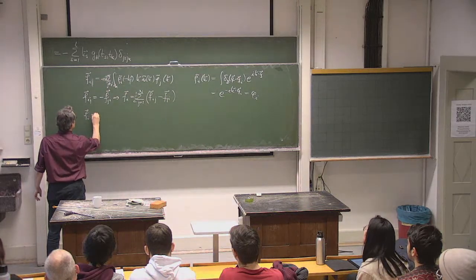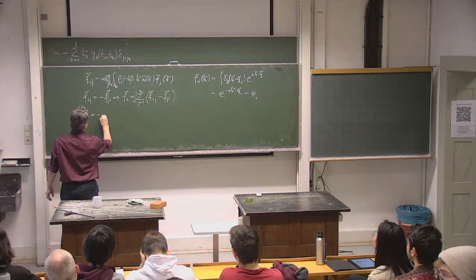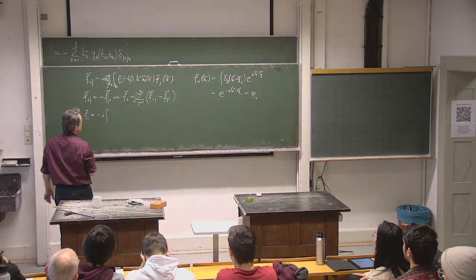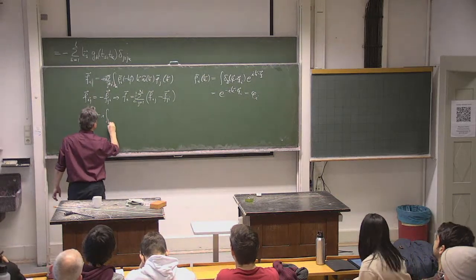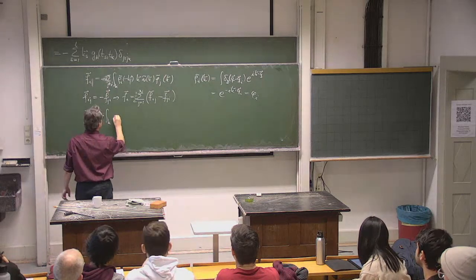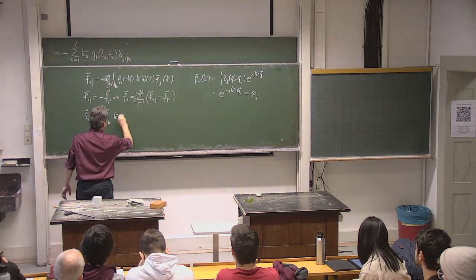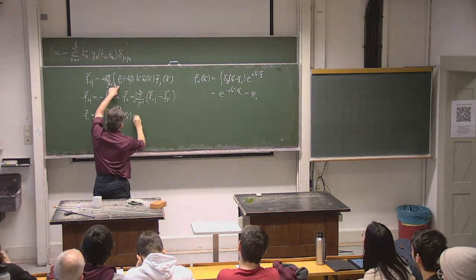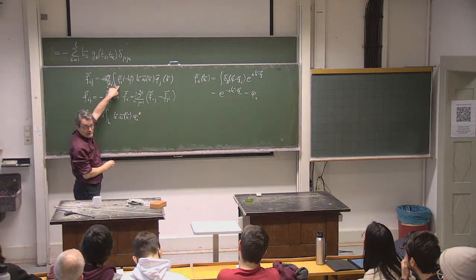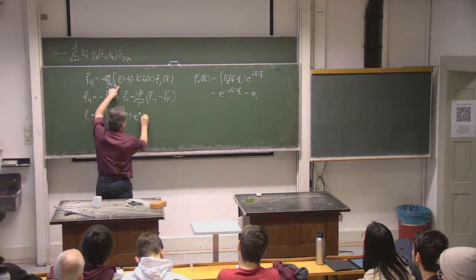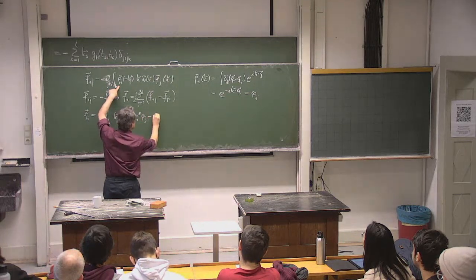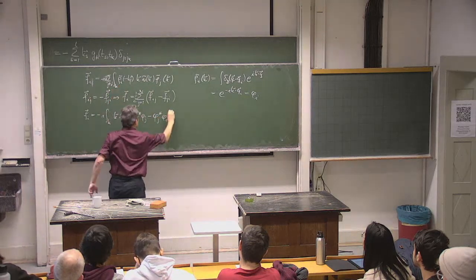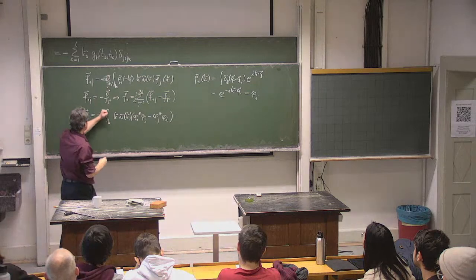So I can write the F_i as minus i, integral over k, k times v tilde of k, that's this factor here. Now I have phi i complex conjugate times phi j minus phi j complex conjugate times phi i, and I need to sum over all j.